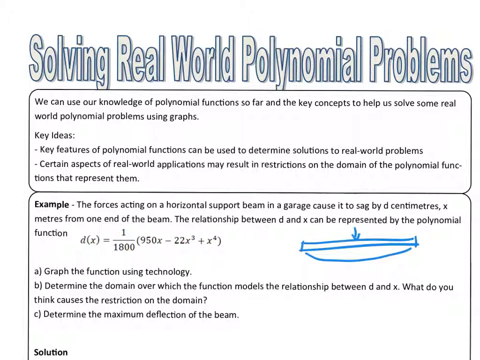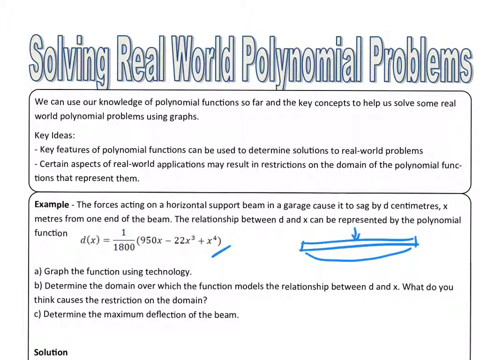The relationship between d and x can be represented by the polynomial function, and here it is. Here's our equation. d of x equals 1 over 1800 times 950x minus 22x cubed plus x to the exponent 4. Graph the function using technology.